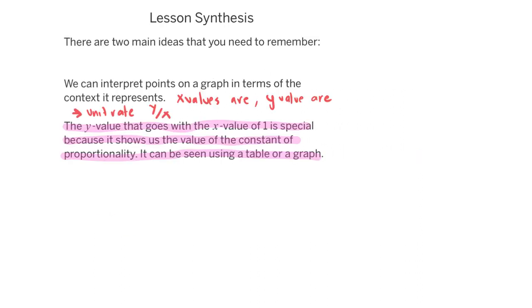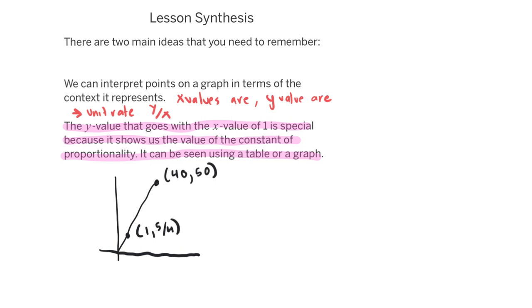So really quick, just to bring this all together, if we have a graph, I'm just going to talk about Tyler here. He had the point where he walked for 40 seconds and he went 50 meters. We also had the point on that graph that was (1, 5/4). So that kind of showed our constant of proportionality there. We can also represent that relationship in a table where we had his time and his distance, where we had the point (40, 50) and (1, 5/4).